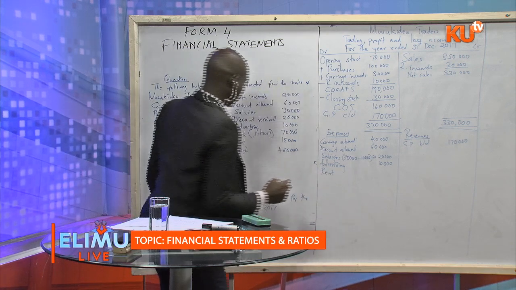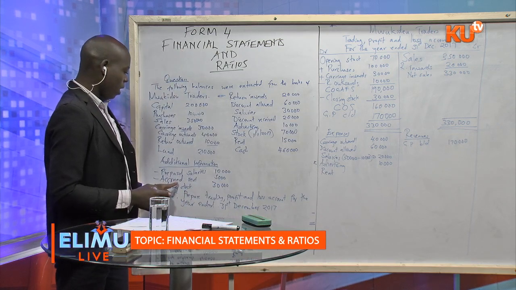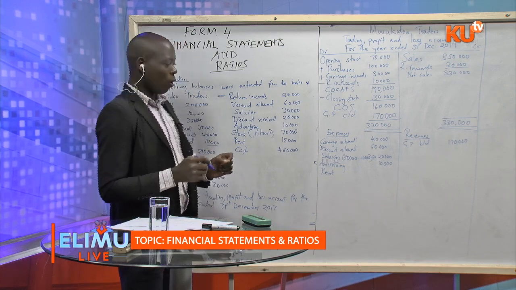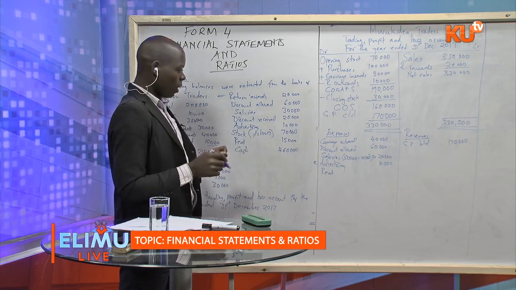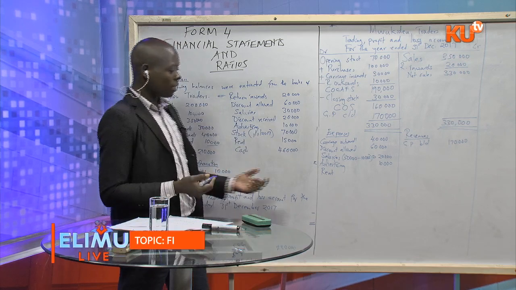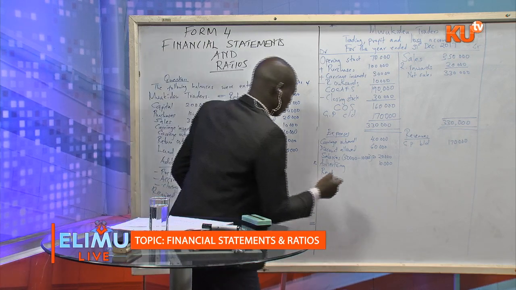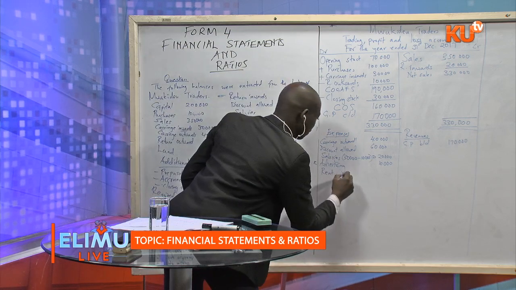With rent. Rent is also adjusted because we have accrued rent of 5,000. We said when you see accrued or due or outstanding, it means the same. So when you have such a case, you make the adjustment by adding to get the figure to record in the profit and loss account. So we'll take our entry here, which is 15,000.